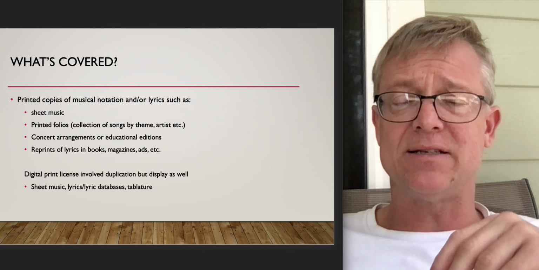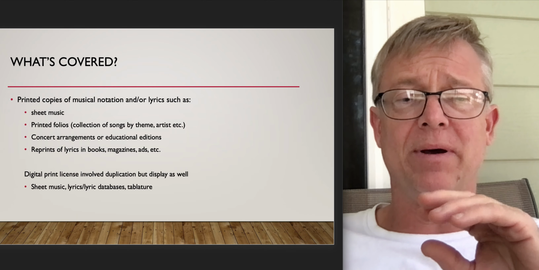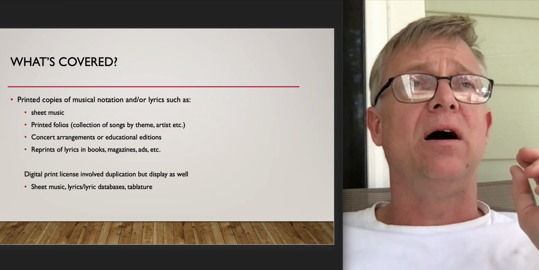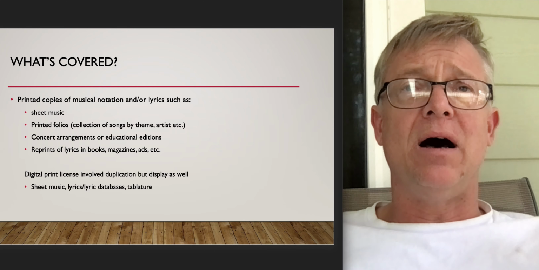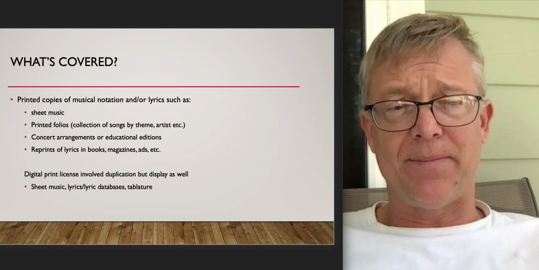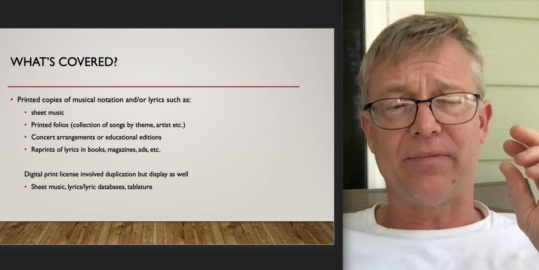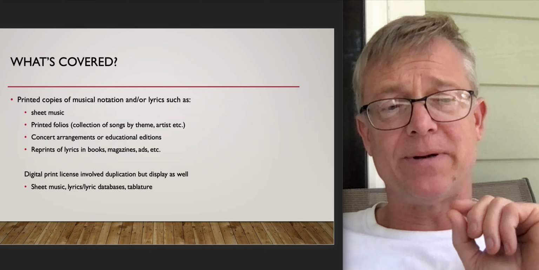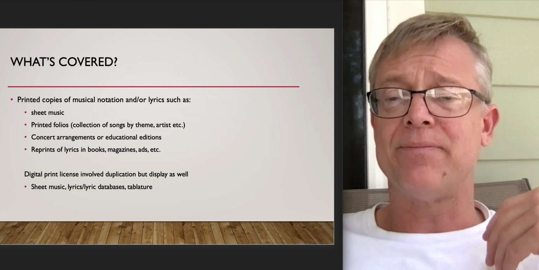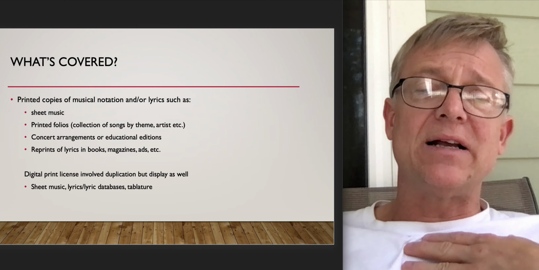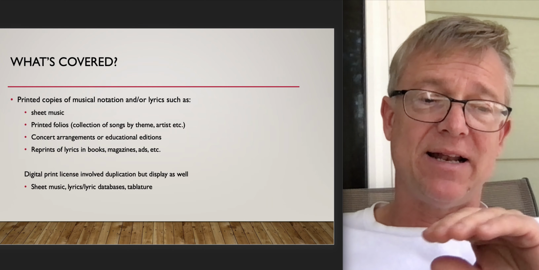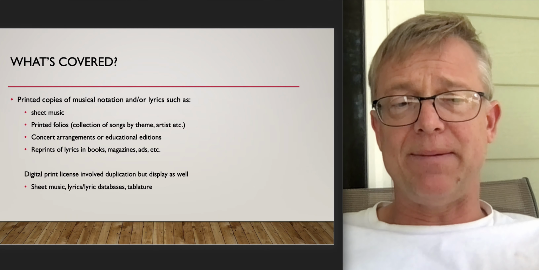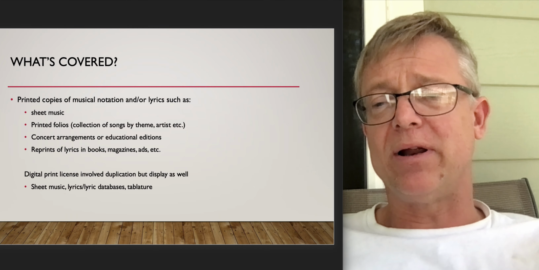Now the Moonlight Sonata is not a great example because that's for piano only, but when you have an arrangement with 4 strings, or a full symphony orchestra, it becomes rather complicated to score for all of those voices because those instruments can be in different keys, et cetera, et cetera. Reprints of the lyrics in books, magazines, advertisements that have a line of a song, that's not uncommon. And so those are the types of things traditionally covered by a print license.